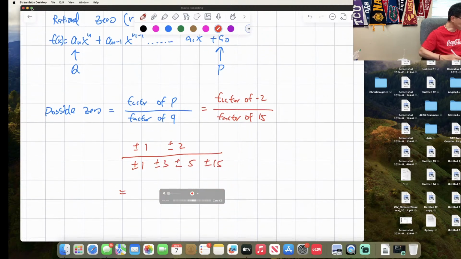If you want to list out the factors, I feel like this is the hardest part, but it's actually not hard. It's pretty much one numerator paired up with one denominator. I can pair like this, and it's plus or minus 1. I can pair like this, and it's plus or minus 2.